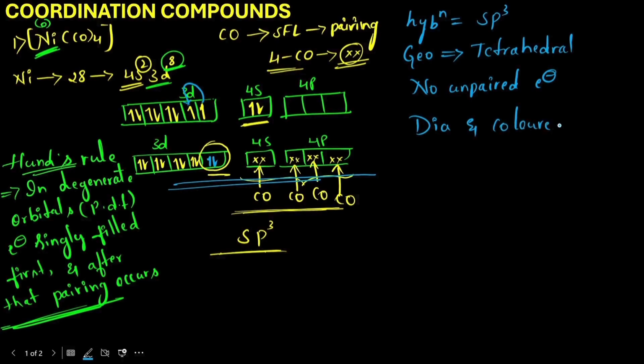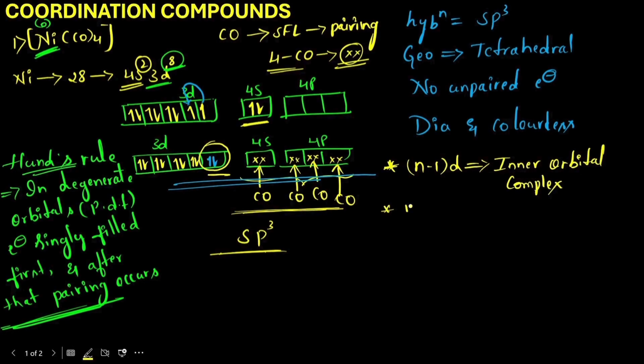Here you note down one point: if the (n-1)d orbital is involved in bond formation, then that type of complex is called an inner orbital complex. If the nd orbital is involved in bond formation, then it is called an outer orbital complex.